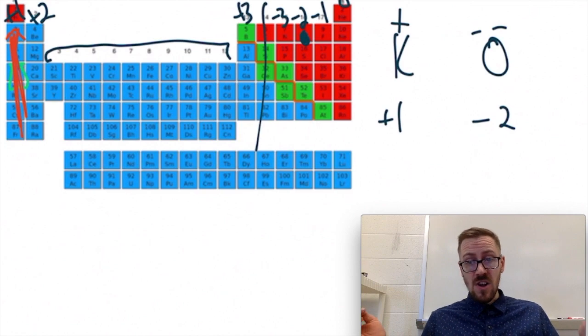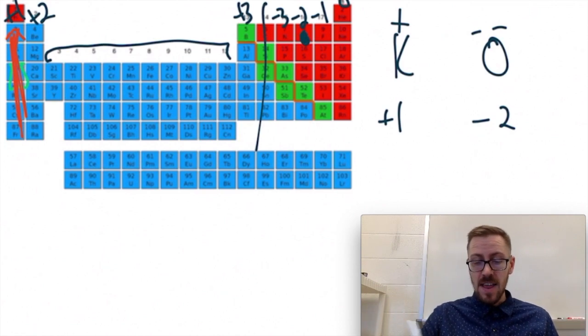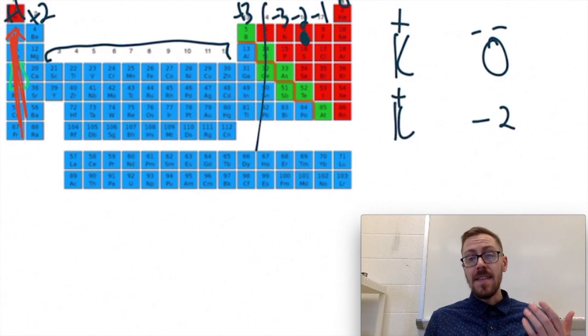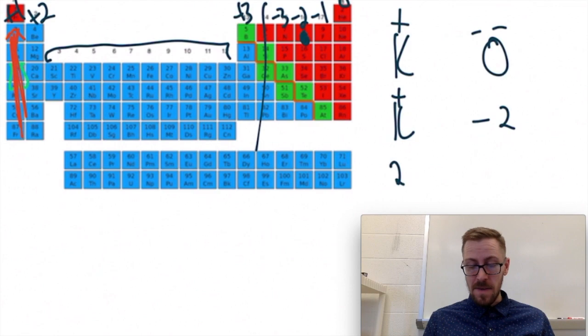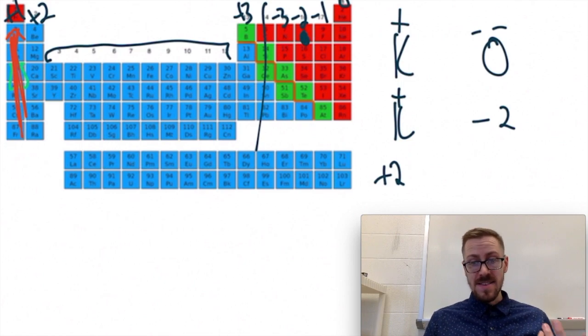Now, if you look at this, our charges do not equal. We have 1 on the positive side and 2 on the negative side. So we need more positives. And the only way to get those would be to add a whole extra atom of potassium. So if I add another potassium atom, now I've got 2 on the positive and 2 on the negative, but I only have 1 atom. So the last step is to count the atoms.